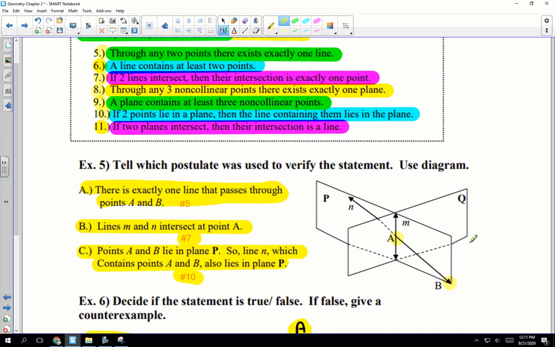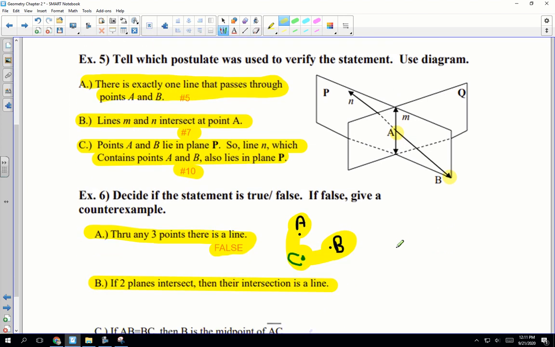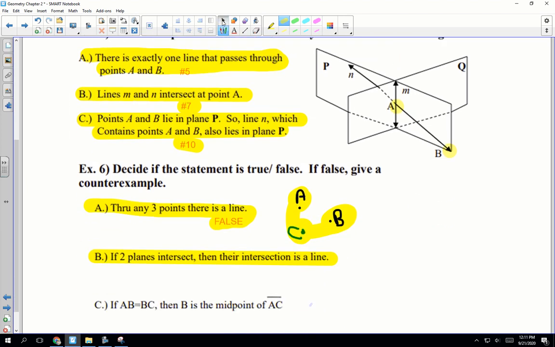This plane Q, which is shooting off to the left, and this plane P, which shoots off forward and to the right, they come together at line M. So this one, B, is true. And it's exactly that postulate from number 11.